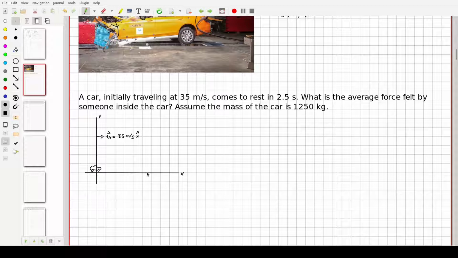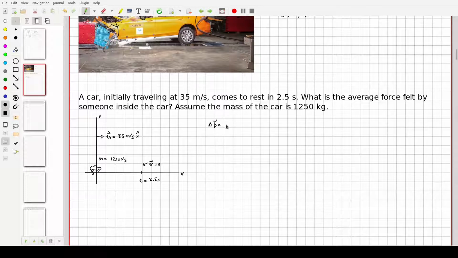You come to rest, we'll say somewhere over here. So here's your initial position, here's your final position. At this point right here, your velocity is 0. Now, it has taken you a total time of 2.5 seconds to come to rest, and the mass of your car is 1,250 kilograms. Okay, so now you are, as a consequence of all this, part of the car. We're assuming here.